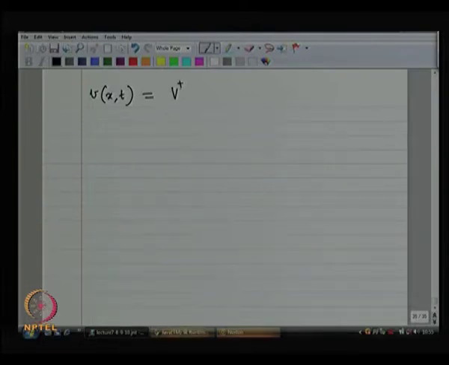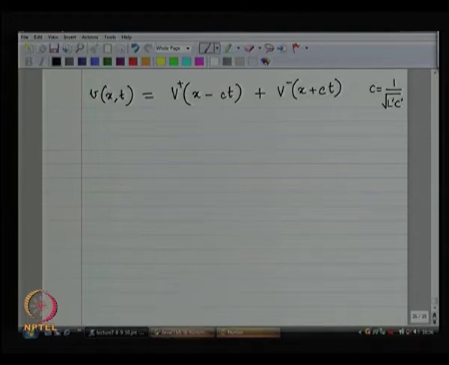This is a function, okay. Oh, I am sorry, I will not write it as V, I will write it as C, where C is equal to 1 by square root of L prime C prime.